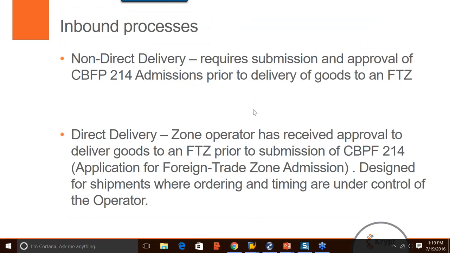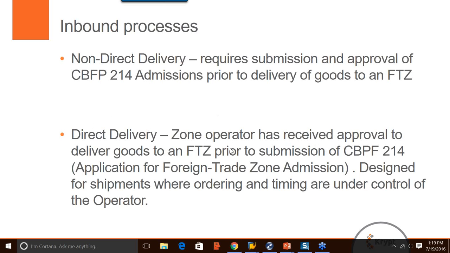There is another process available, which is called the direct delivery process. And this is in case your business requires a very quick transaction time between when the goods arrive at the port and when they are received into the FTZ. So you can make a special application to be able to execute this direct delivery process.